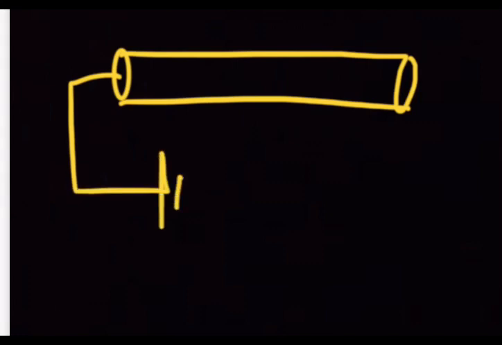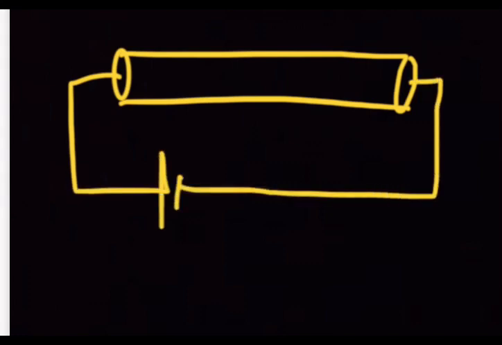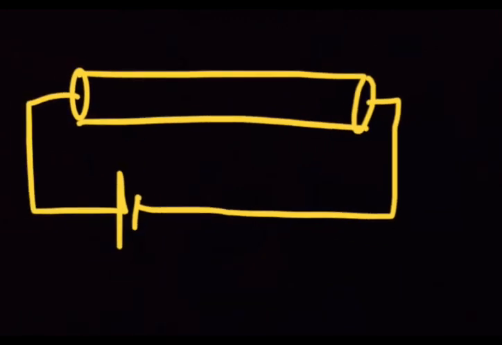Take a wire and connect it to the positive and negative terminals of a battery. As we just learned, it is not easy for the electrons to move from the negative terminal to the positive terminal.